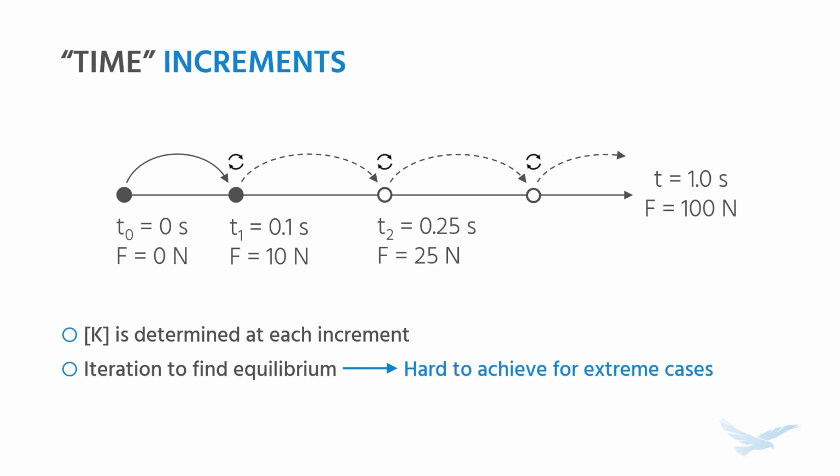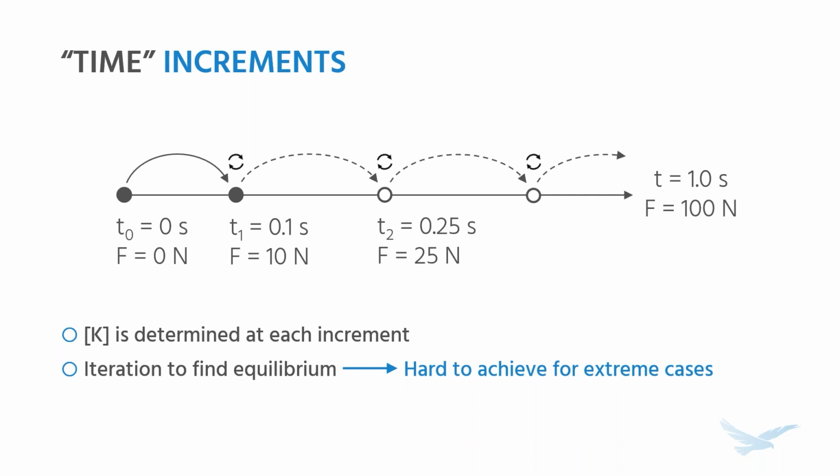Equilibrium can be really hard to achieve for these extreme cases. And so we may need to use a lot of iterations and use really small time increments. And this can mean that our problem will take a really, really long time to solve or not be able to solve at all. So how do we deal with this?